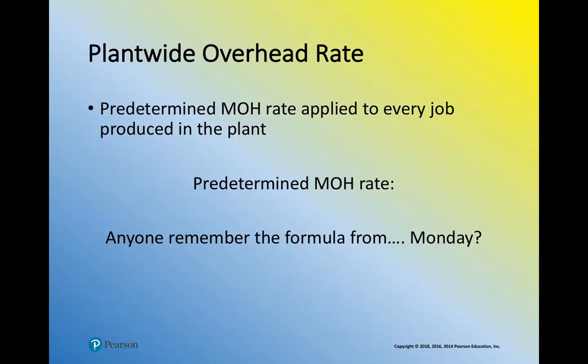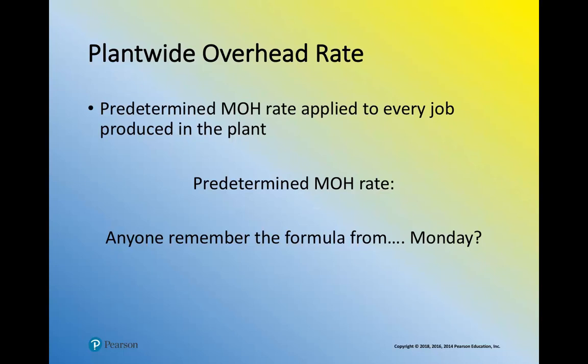We take one predetermined overhead rate and apply our manufacturing overhead based off of that one rate and one cost driver. If anyone remembers, fantastic. If you don't, our formula for the predetermined overhead rate is our estimated manufacturing overhead divided by our estimated cost driver. From there, we apply it to jobs by taking our predetermined overhead rate times our actual cost driver.